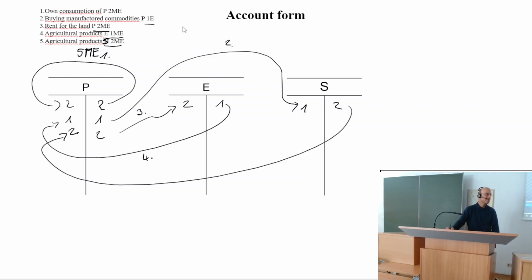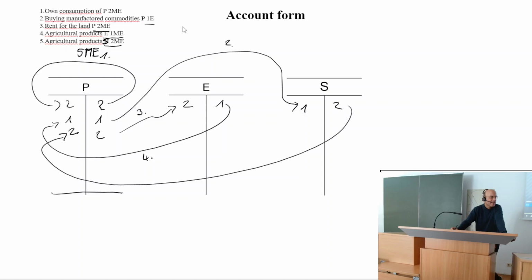In the account form, what should be always the case? Hopefully you have done this. Yes, there has to be something balanced. Yes, every account has to be balanced. So the right side has to equal the left one.